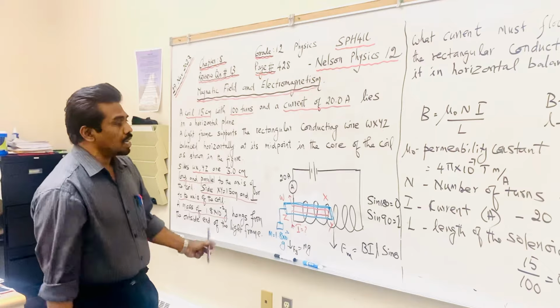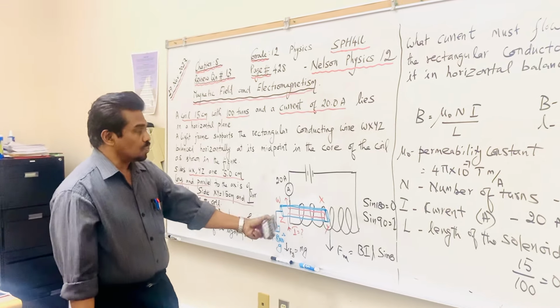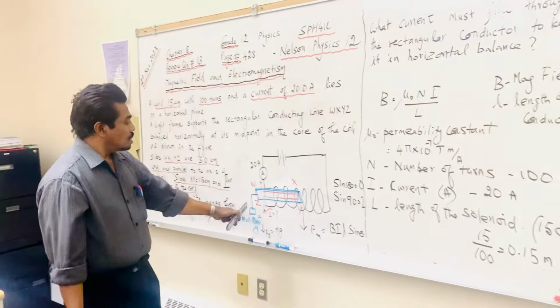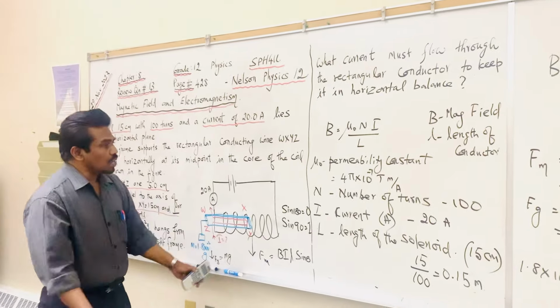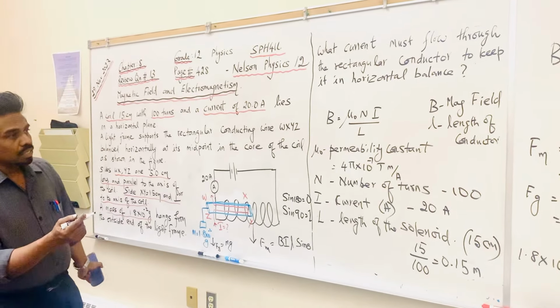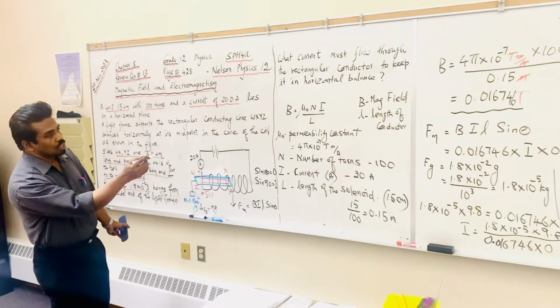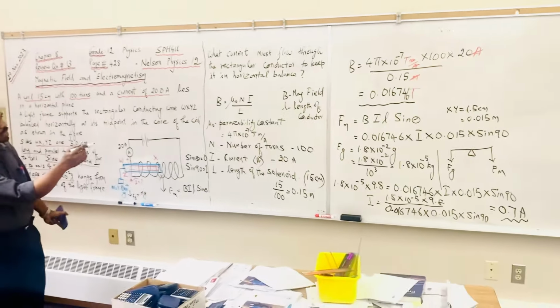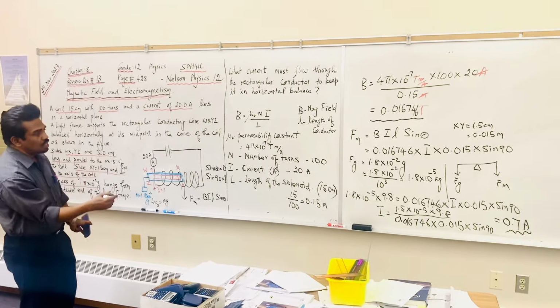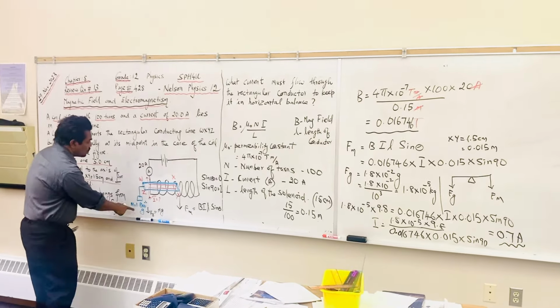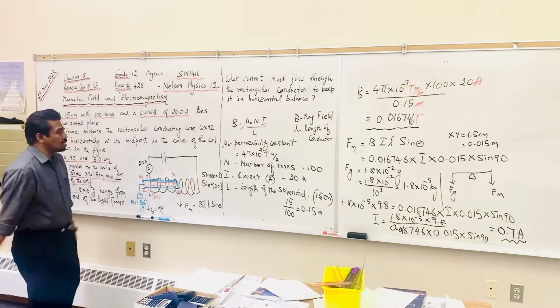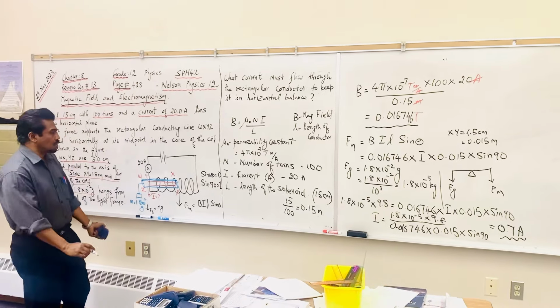After that I found the magnetic force, which is influenced by XY, with the formula 0.016746 times I times 0.015 sine 90. Then I equated that to the downward force by gravity, and finally I got the current value 0.7 ampere.